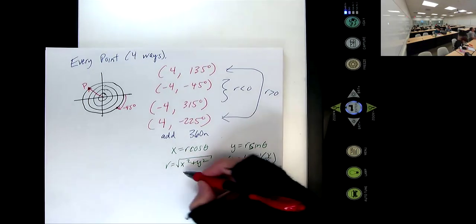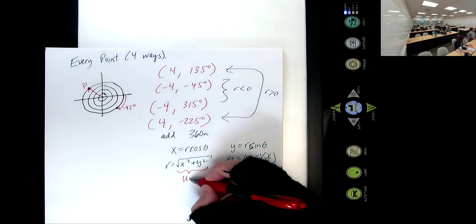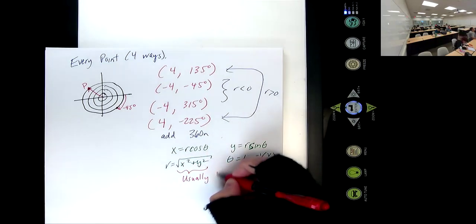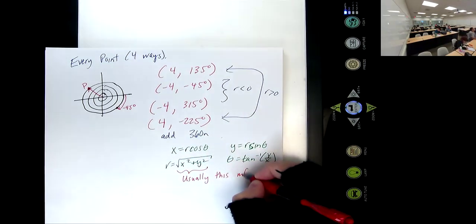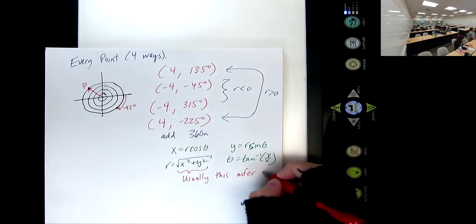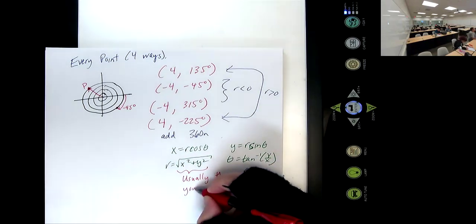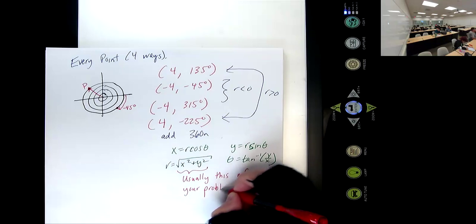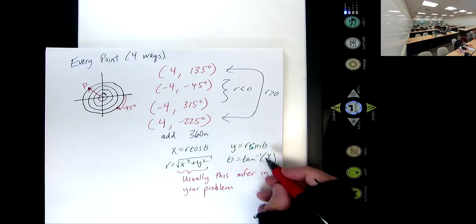It's usually this theta floating around in your problem, and that makes the math hard.